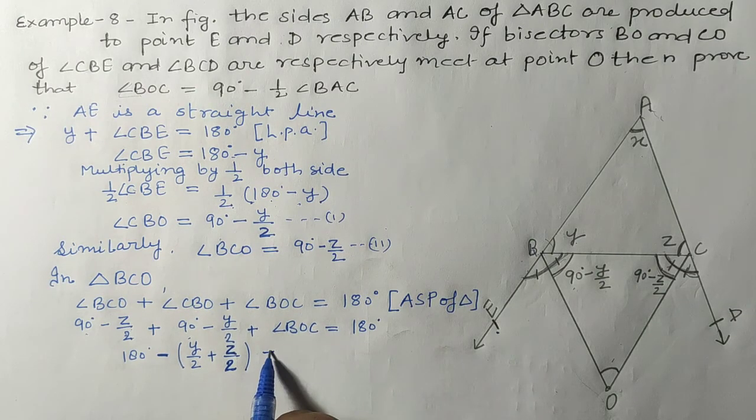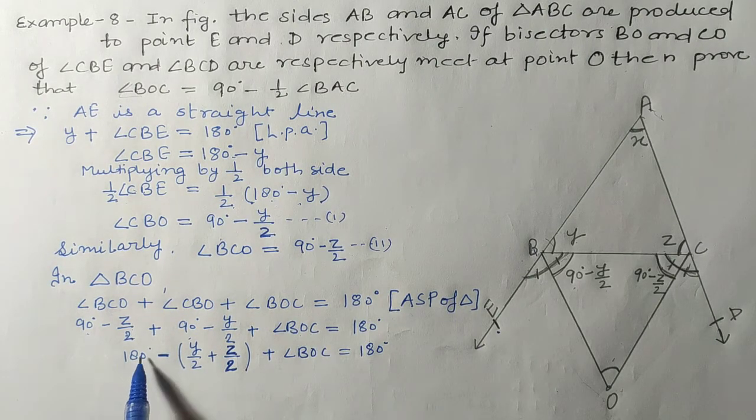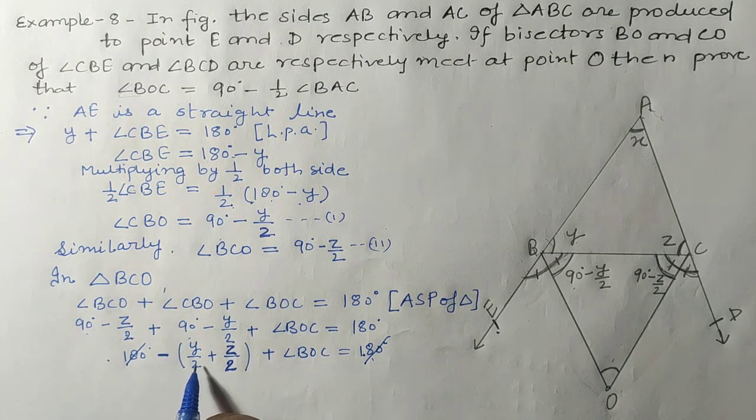So plus angle BOC is equal to 180 degree. Students, 180 degree is here also with the positive sign and here also with the positive sign, so this will be cancelled out. Now what is left?